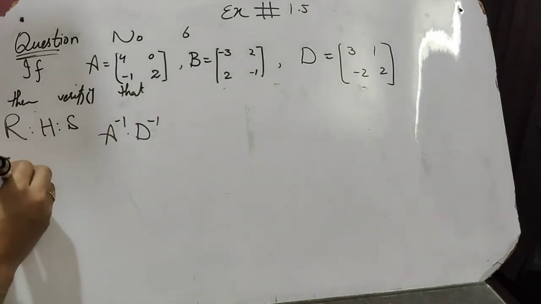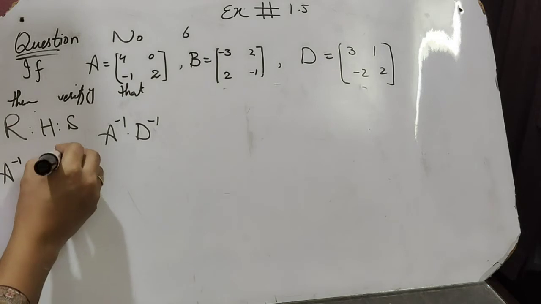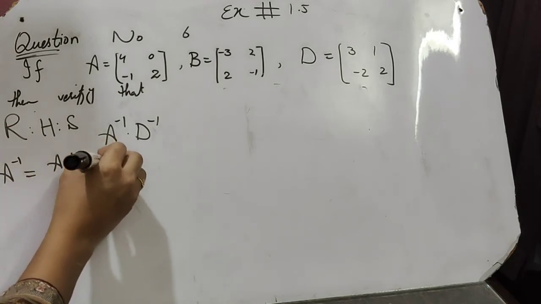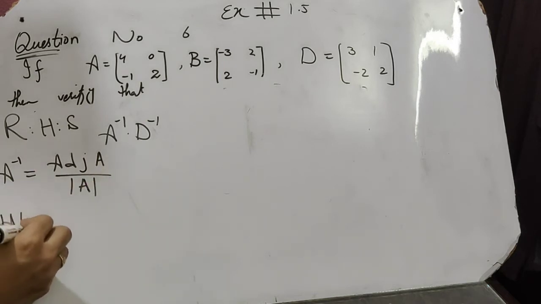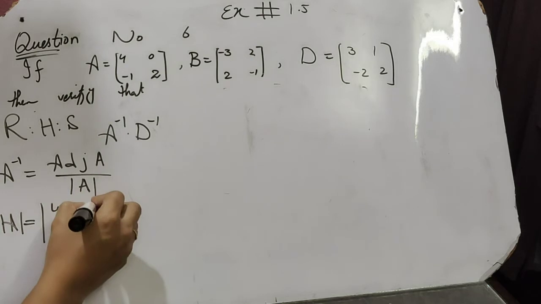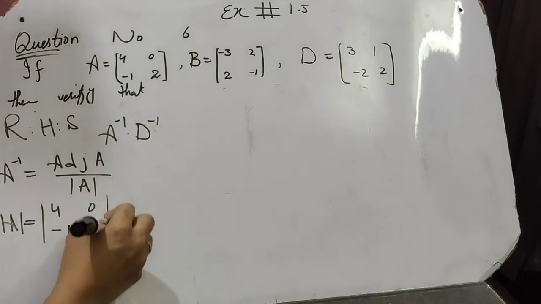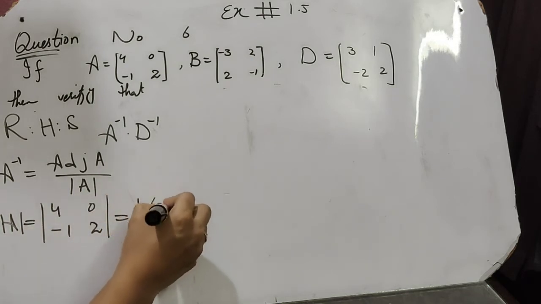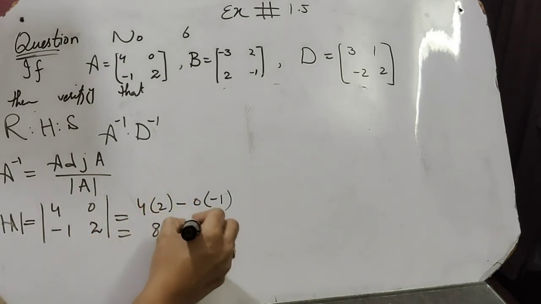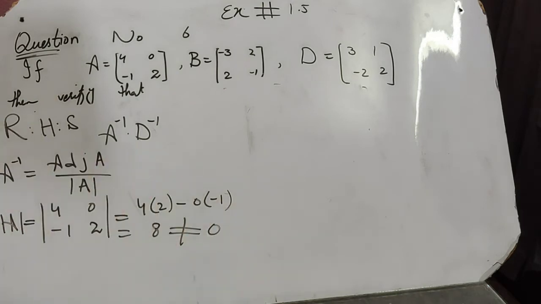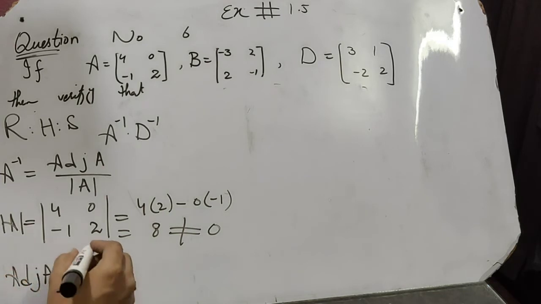First we find A inverse, and A inverse will be equal to adjoint of A over determinant of A. So we find the determinant of A. It will be equal to the determinant of [4, 0; -1, 2], which is 4 into 2 minus 0 into -1, which is equal to 8. 8 can never be equal to 0, so we can find A inverse. Now we find the adjoint of A, which is equal to [2, 0; 1, 4].